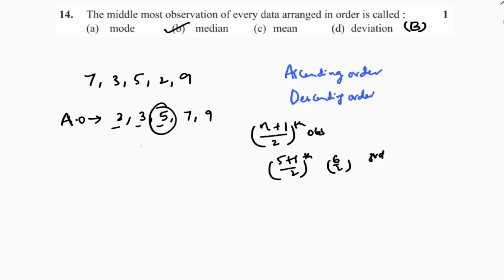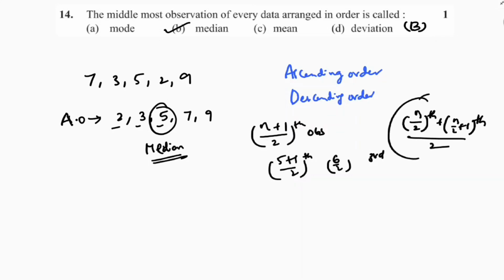So the median is 5. The middlemost value is the median. If there is an even number of observations, we take the middlemost 2 values and find the average: the n by 2 observation and the (n by 2 plus 1) observation. So the middlemost observation of every data arranged in ascending or descending order is called the median.